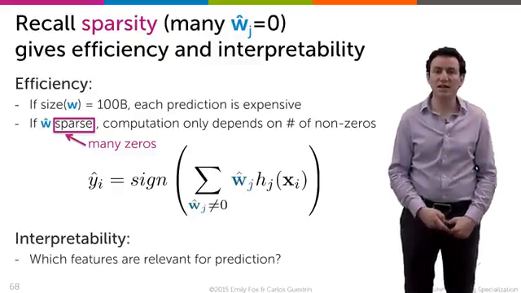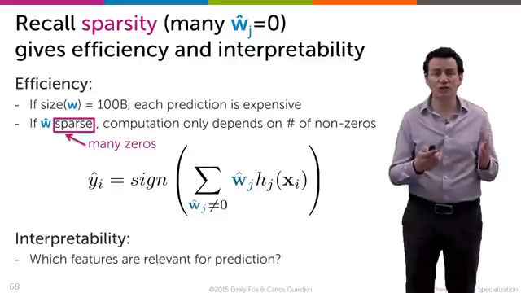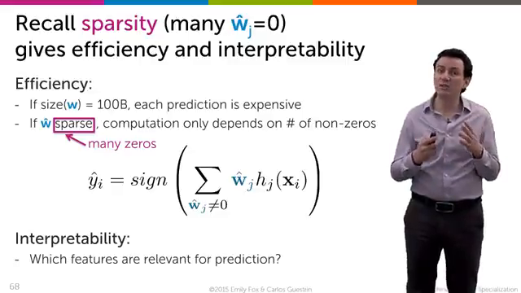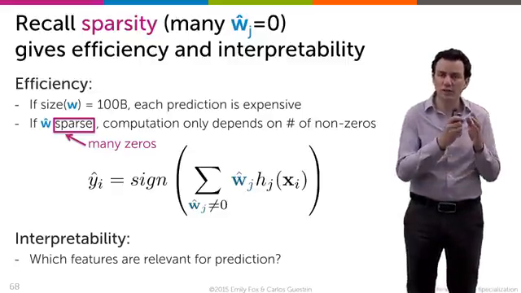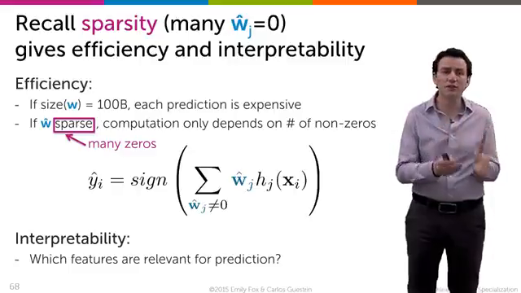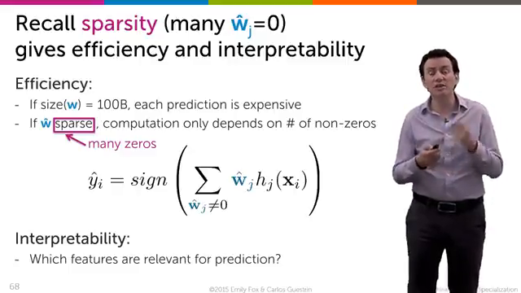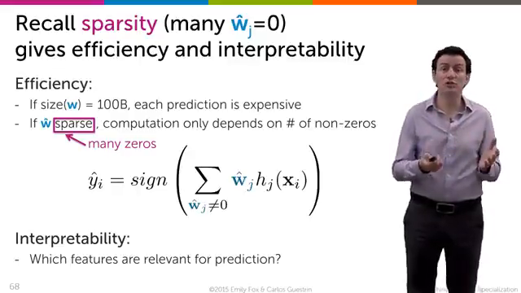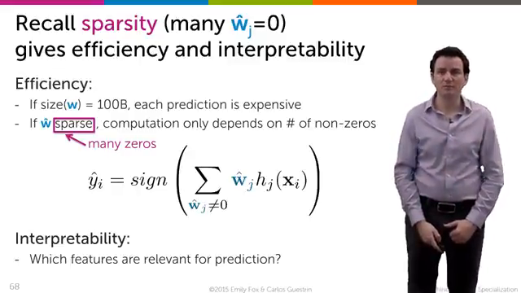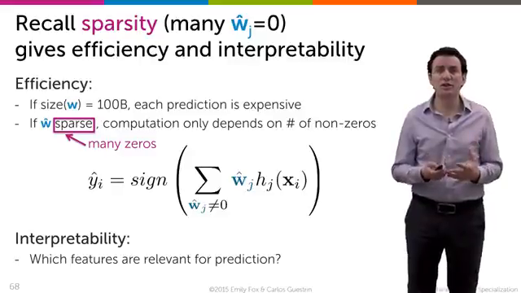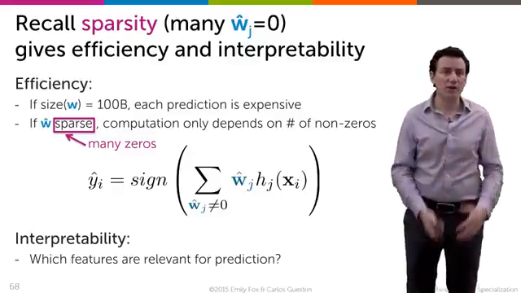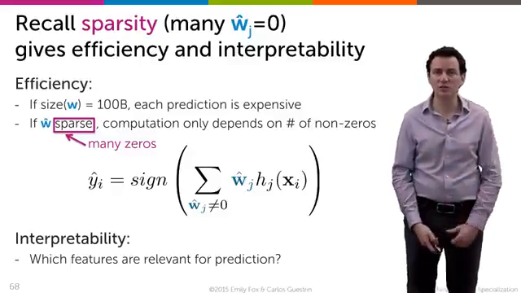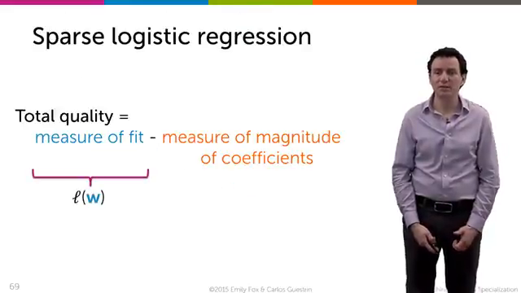The other impact that sparsity has is that it can help you interpret the non-zero coefficients. You can look at the small number of non-zero coefficients and try to make an interpretation: oh, this is why a prediction gets made. Such interpretations can be useful in practice in many ways. So how would you learn a logistic regression classifier with a sparsity-inducing penalty?